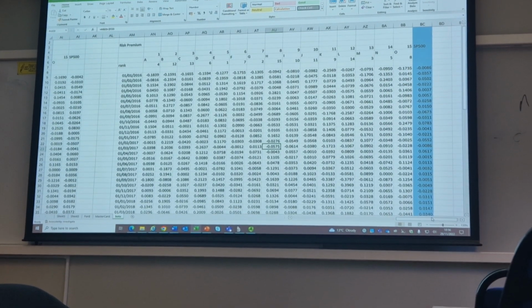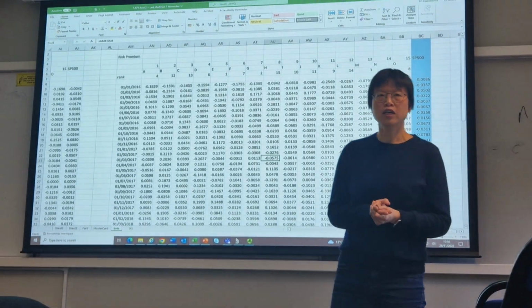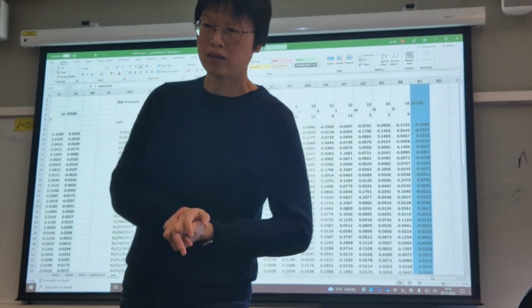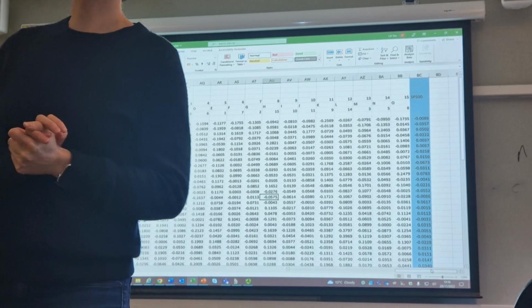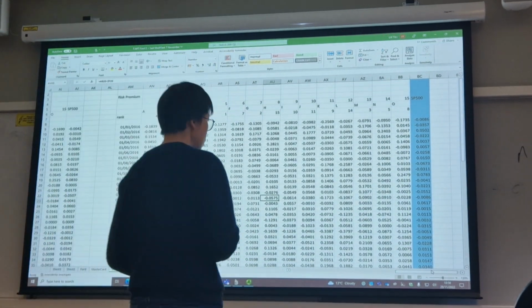This is what I just mentioned. The benchmark is not only used to evaluate the performance, to compare the performance of the funds that we constructed with the benchmark. The benchmark is also used to calculate the beta.